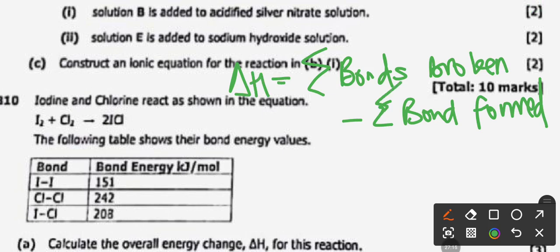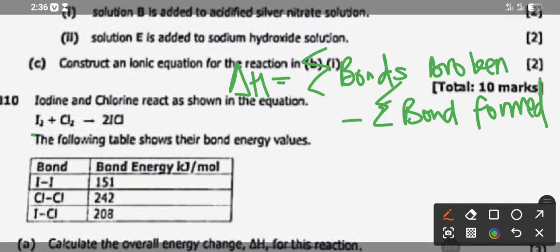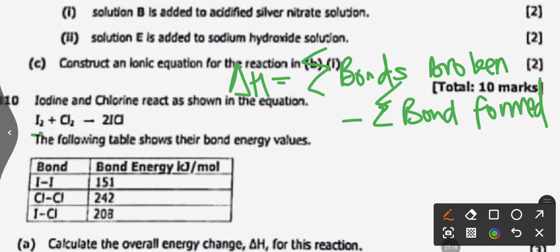So here the bonds that are broken are the ones on the reactant side, which are the iodine as well as the chlorine bonds. So they are broken in order to form this iodine chloride bond.